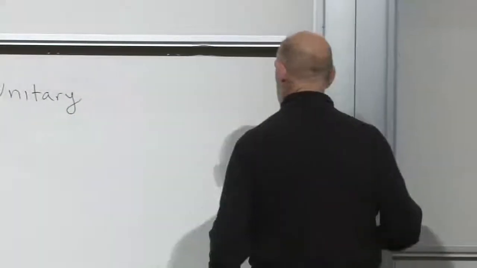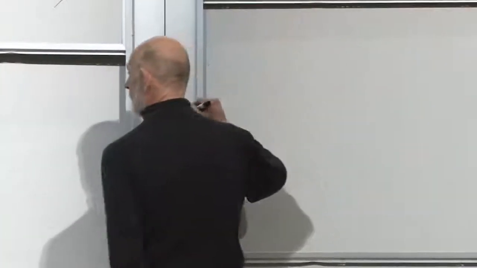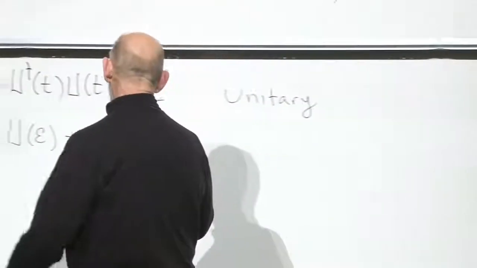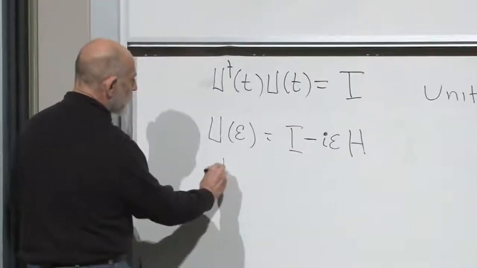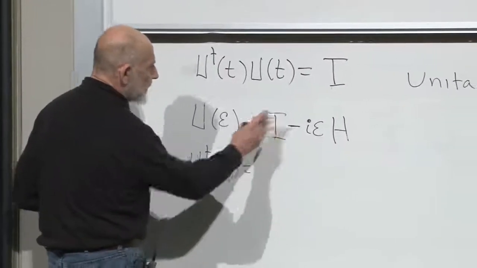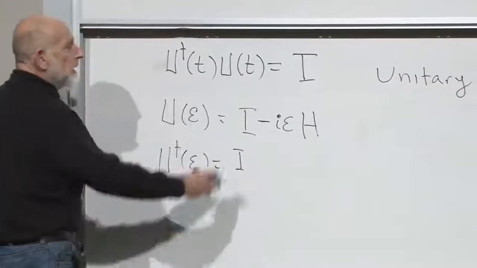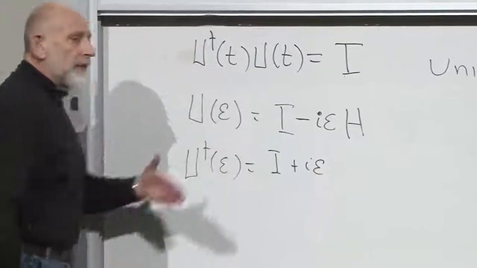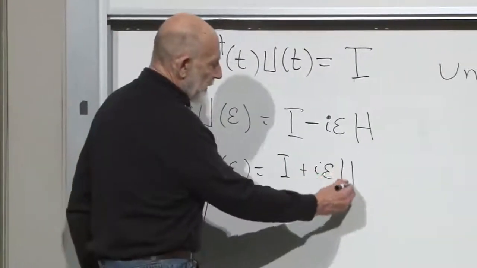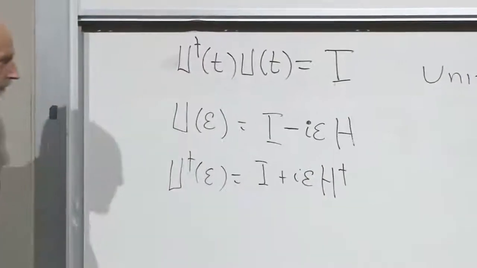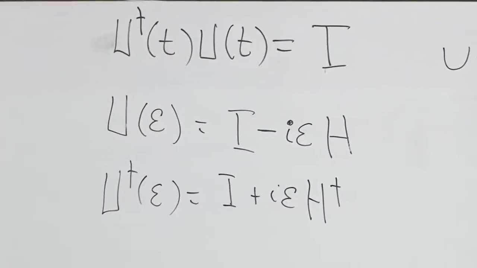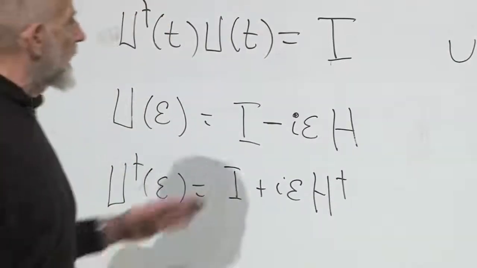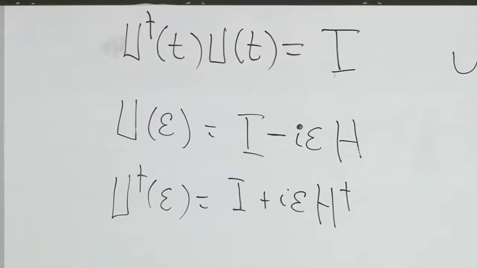Okay, so let's bring it over to this blackboard. U of epsilon is equal to 1 minus i epsilon H. Now let's do it over here. What about U dagger? U dagger is the Hermitian conjugate. The Hermitian conjugate of 1 is just 1, but then we have the complex conjugate, plus i epsilon, and then we have to Hermitian conjugate H. All right, so here is U dagger and here is U. And now let's multiply them together and set the result equal to 1 to order epsilon.